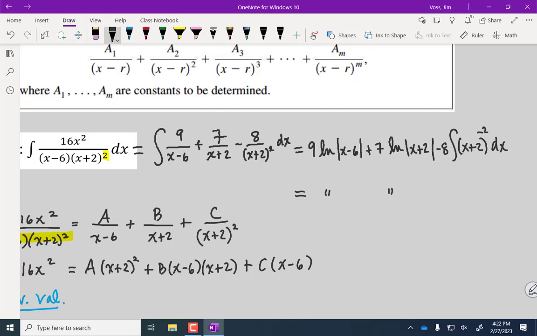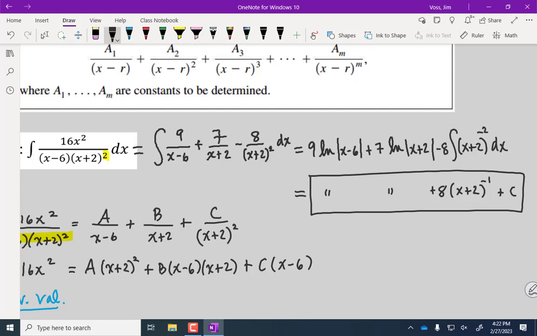We add 1 to the exponent and get negative 1. We divide by the new exponent, which makes this positive 8, times x plus 2 to the negative 1 plus C. And that is an answer.